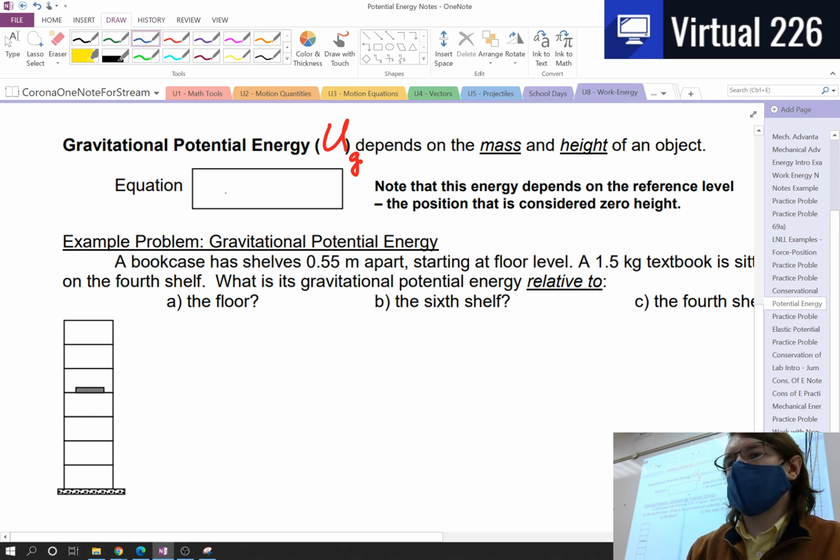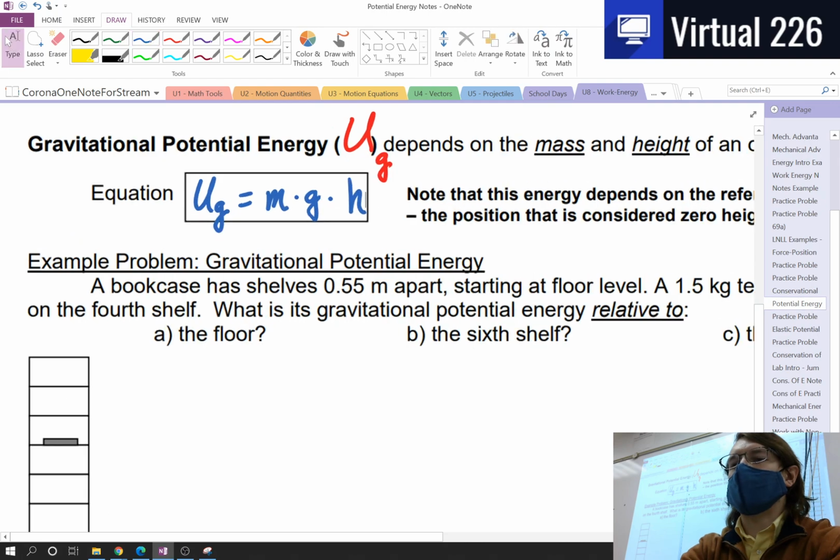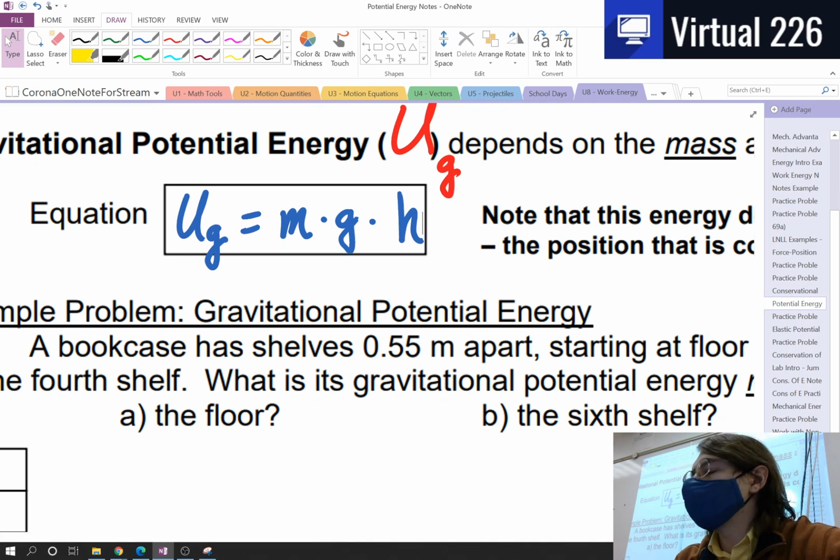That is going to influence. So our equation for gravitational potential energy, U_g, is going to equal a mass multiplied by gravity multiplied by some h, some height in this case. That is our equation for gravitational potential energy.